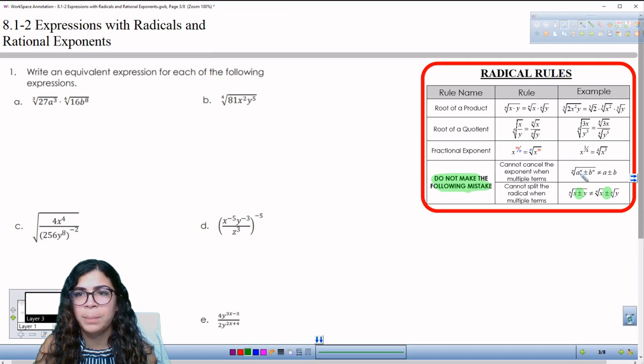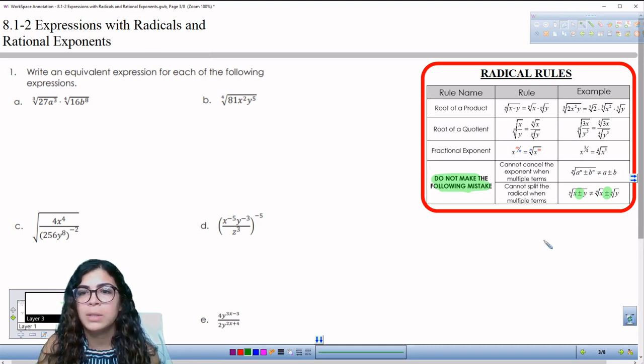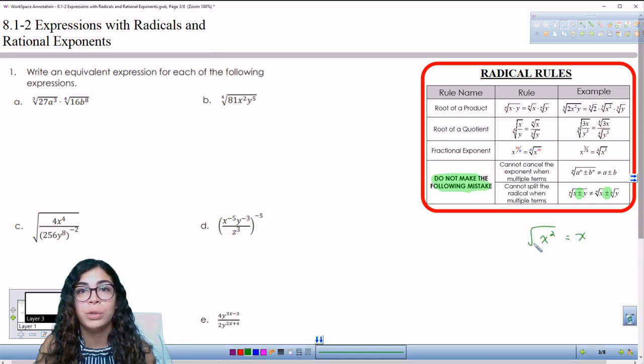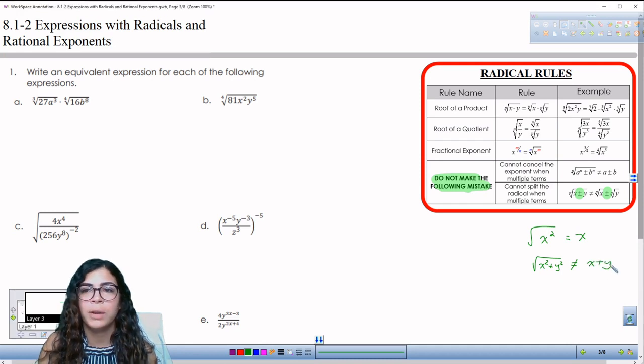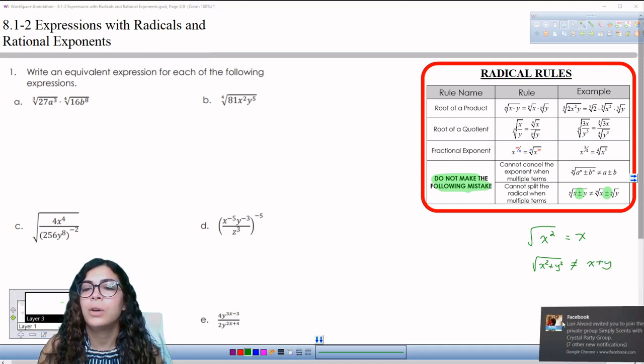So the power here does not cancel with the root. Because a lot of times you say, oh, well, the square root of x squared is x. Yeah, but that's just one term, right? If I had the square root of x squared plus y squared, that does not equal x plus y. Okay? All right.